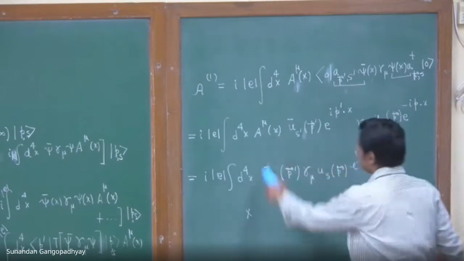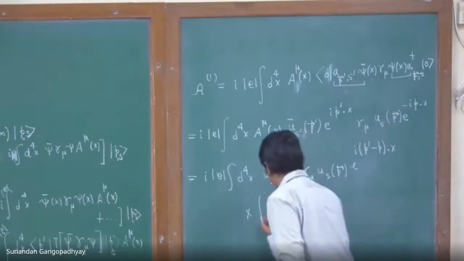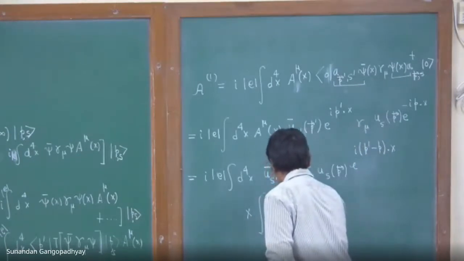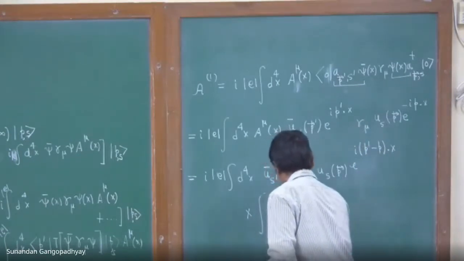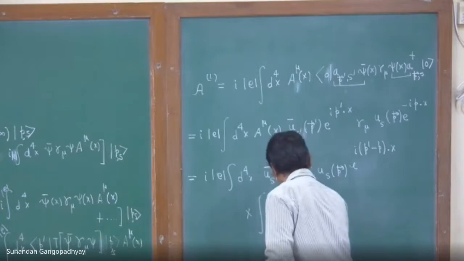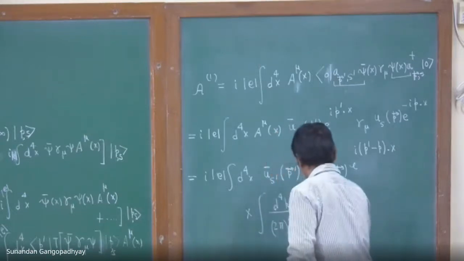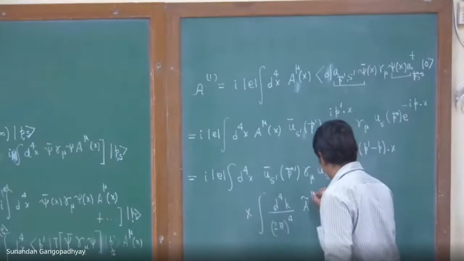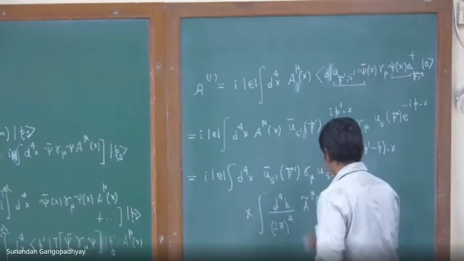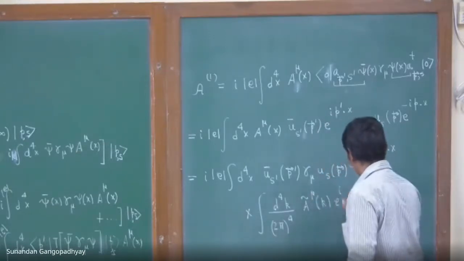Now, what I shall do is I shall Fourier transform this. This will be d^4k by (2 pi)^4 A tilde function of k e to the power of i k.